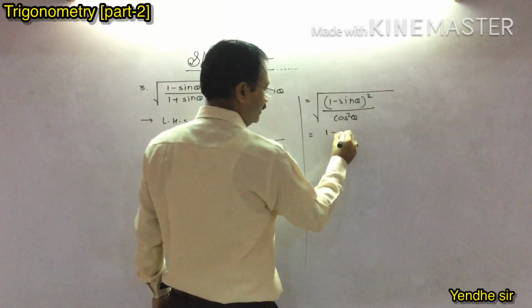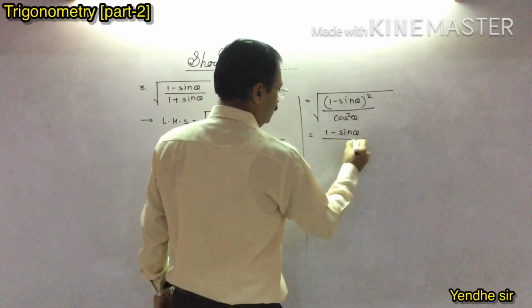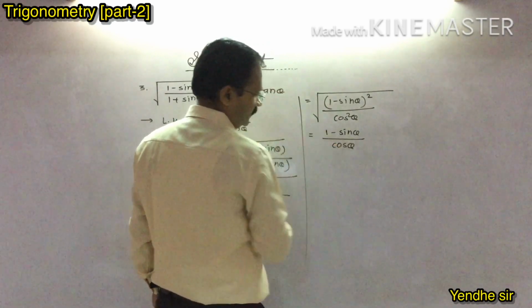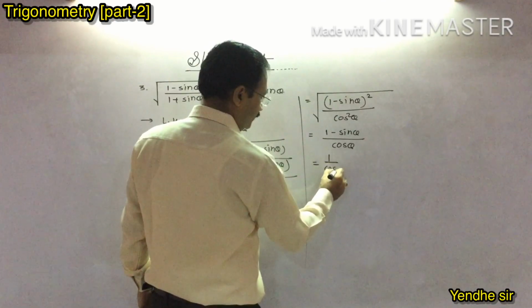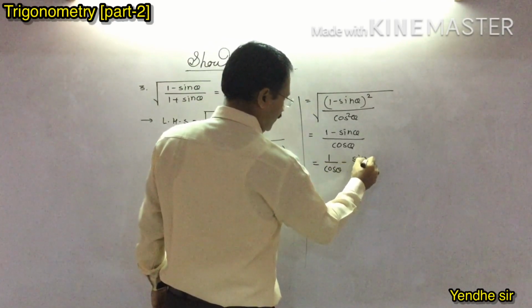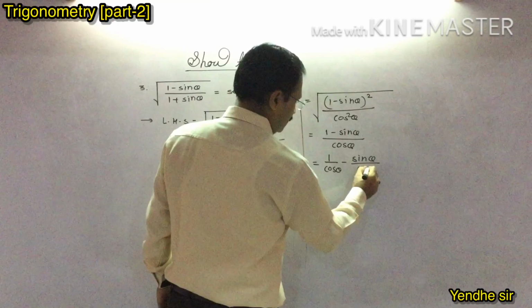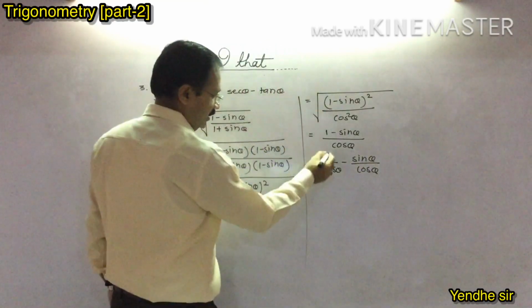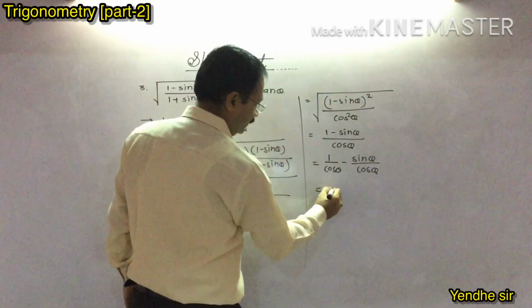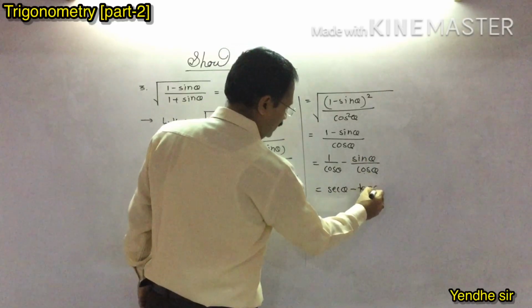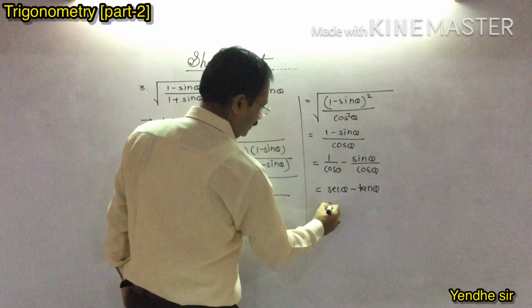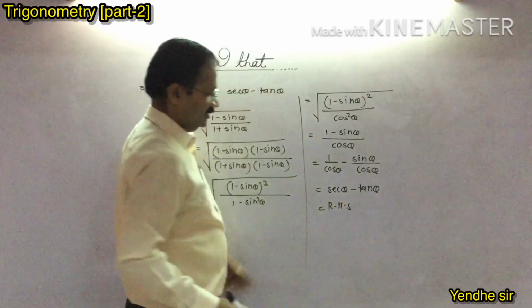So you get (1 minus sin theta) upon cos theta. Now separate it: 1 upon cos theta minus sin theta upon cos theta. So 1 upon cos theta means sec theta, and sin theta upon cos theta means tan theta. And this is our RHS.